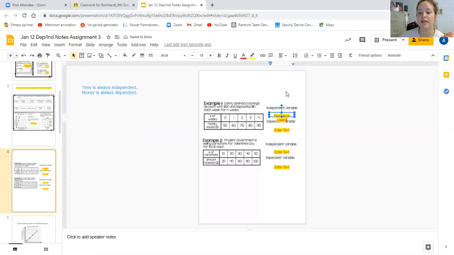So if the number of weeks is our independent variable, our dependent variable is going to be the what? Ezekiel? Money saved. Very good.